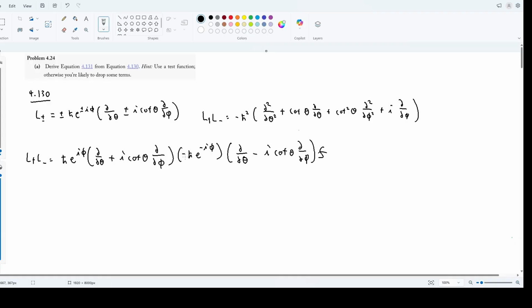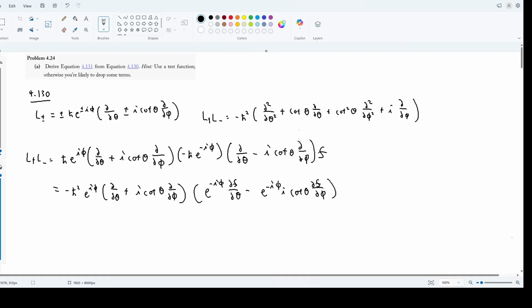First thing we're going to do is move the h bar out. So this is going to become negative h bar squared, e to the i phi, d by d theta plus i cotangent theta d by d phi. And now we have e to the negative i phi df by d theta subtracted by e to the negative i phi times i times cotangent theta df by d phi.